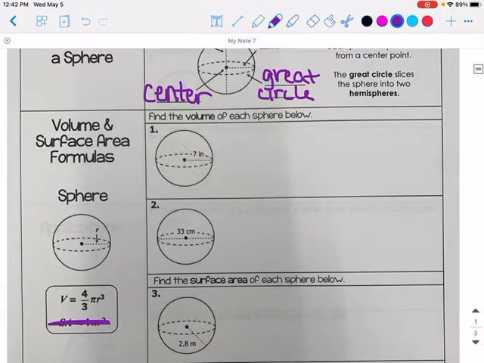So I'm just going to cross out that formula. Volume of a sphere: 4/3, or times 4 divided by 3, pi r cubed. So, for example, in number 1, pi 7 cubed, let's start with that. 7 times 7 is 49, but then 7 one more time would be 343.